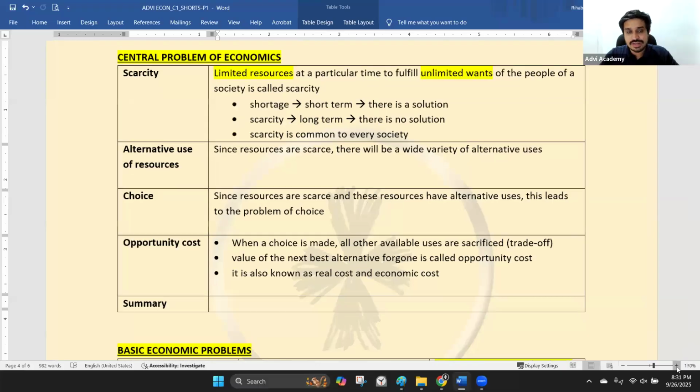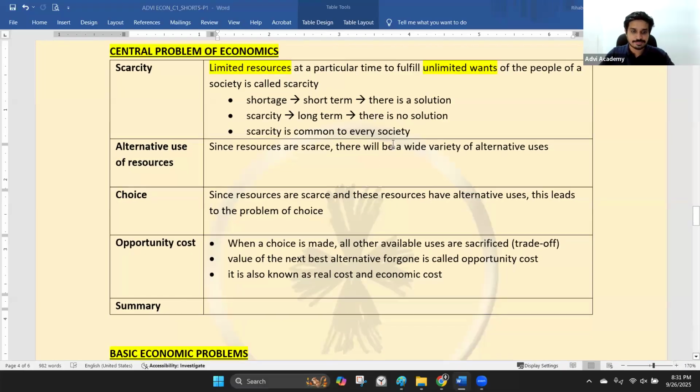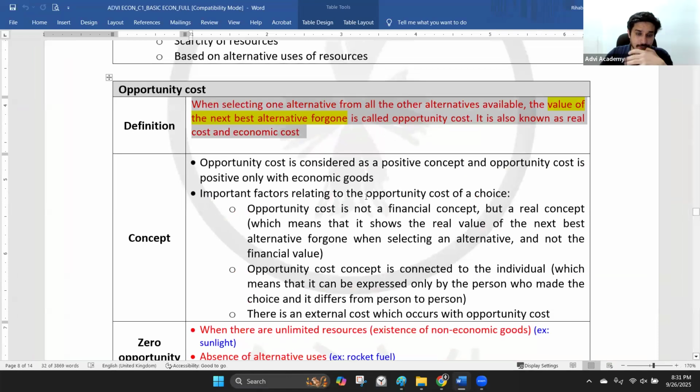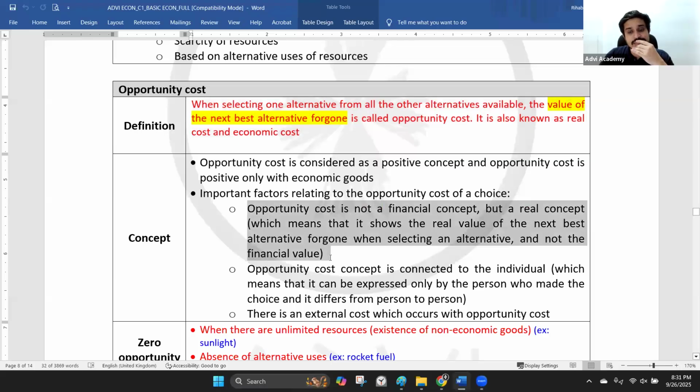One other thing: first and foremost, opportunity cost is not a financial concept but a real concept, because sometimes our opportunity cost cannot be calculated in money terms. For example, now you are sitting in this webinar.